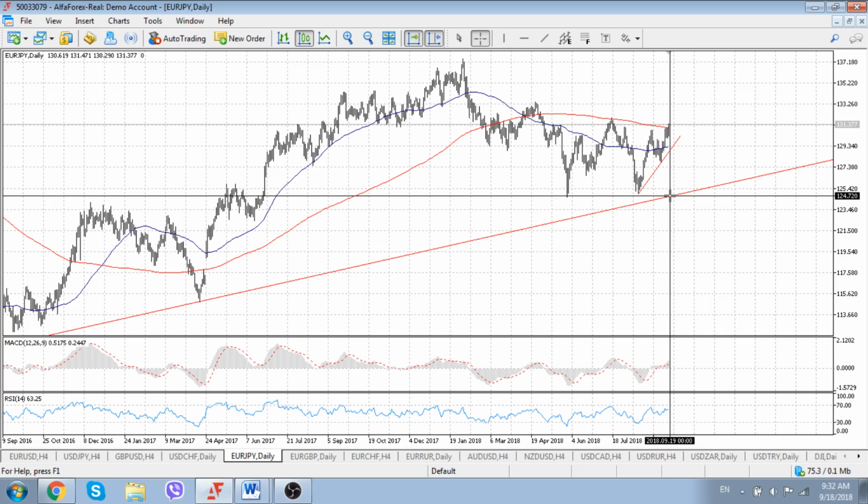Of course, we are at a very long distance, let's say so, from those lows, because now we are about 131, and speaking about 125, 124 and a half, it's kind of 6 or 7 big figures from local levels to these lows.